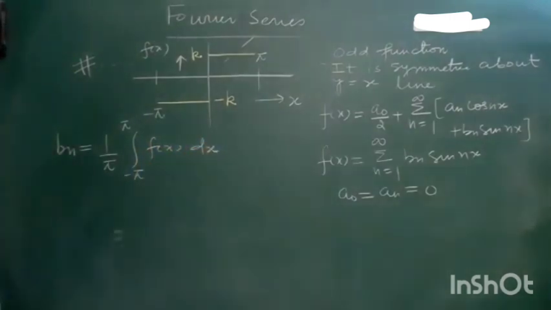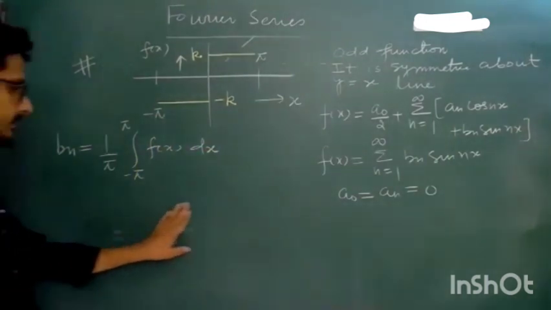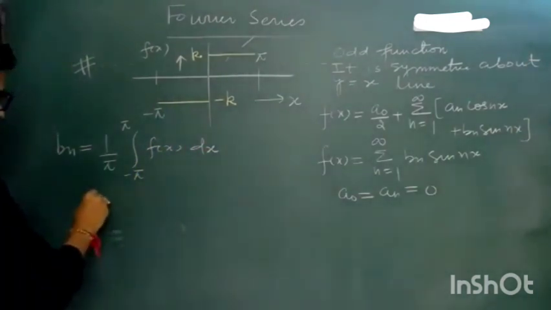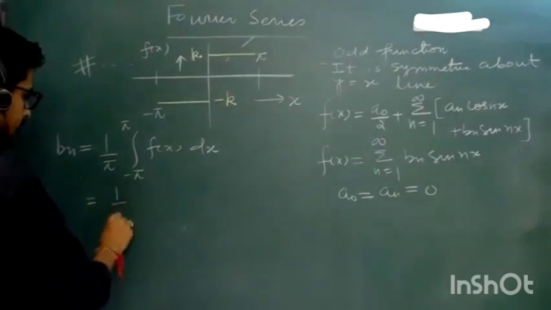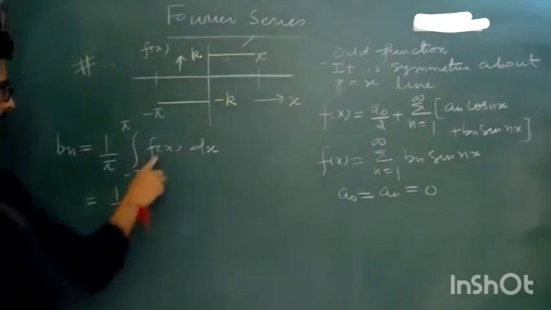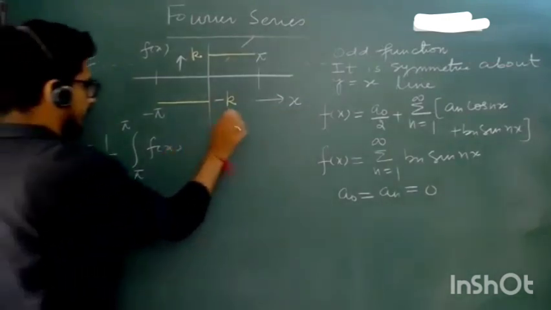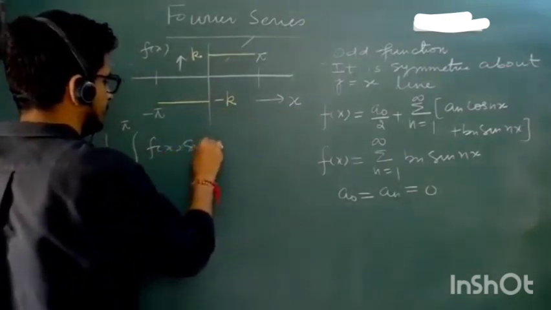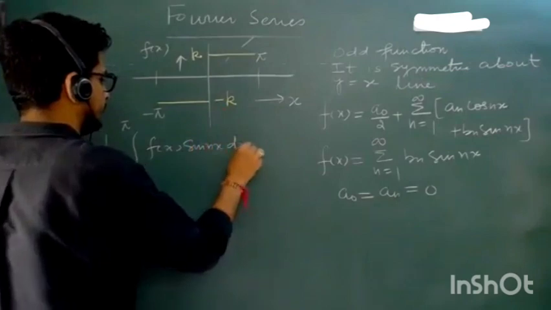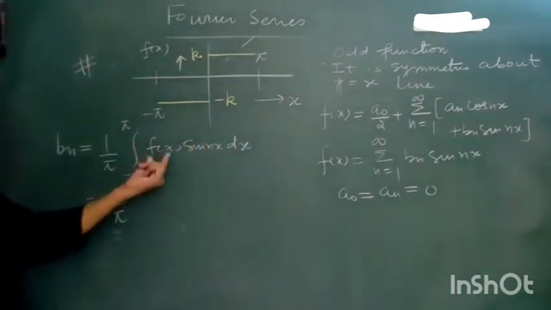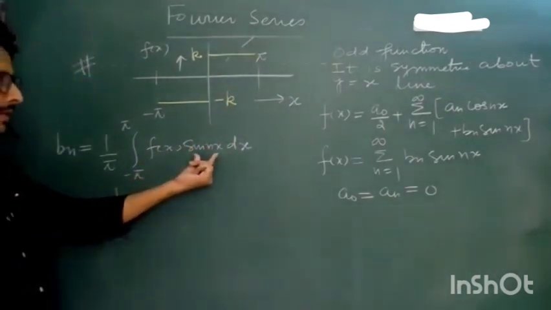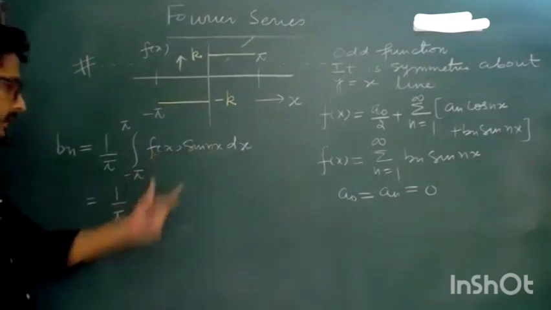ये बताया था in this case. So this can be written as 1 by pi, please see, f x sin of nx dx. So this is odd function and this is also odd function. So odd into odd is even function.